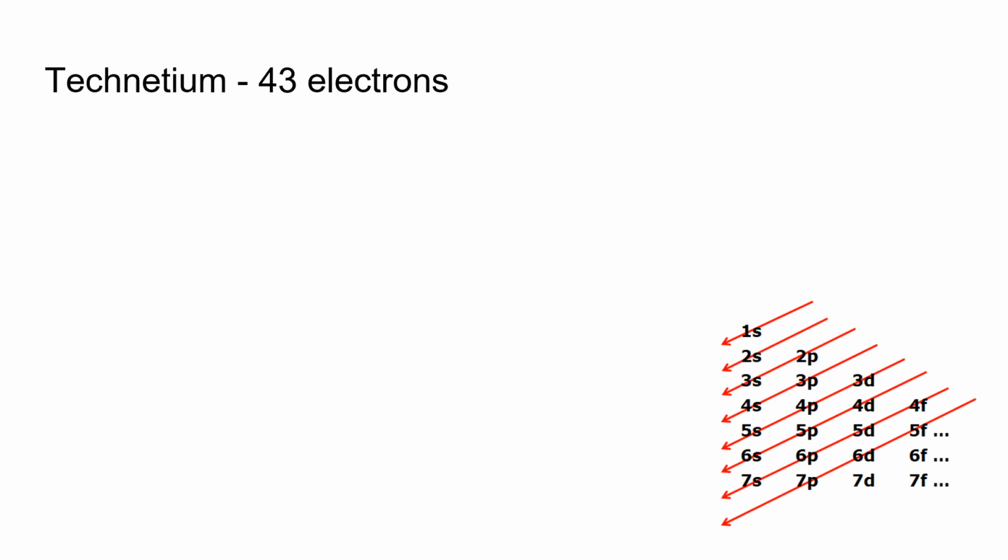So when we start drawing the energy level diagram, we can follow this diagram shown on the right, which tells us the order of the orbitals we have to draw.